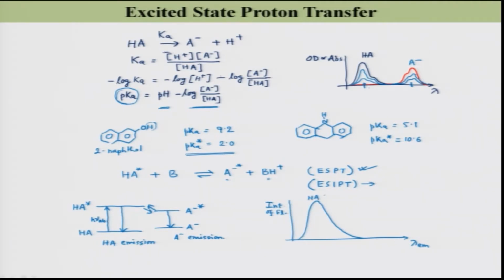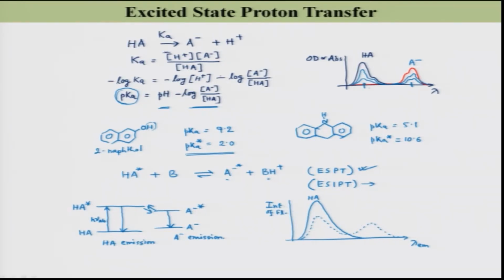But if somebody is there, then this fluorescence intensity will decrease and another band will come, from the A minus star. This will decrease and another band will come because of A minus.